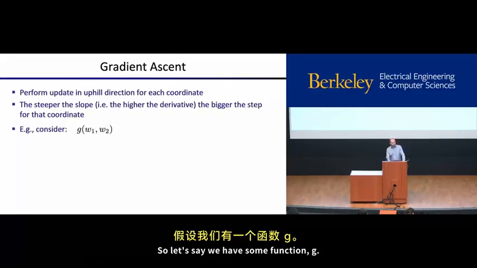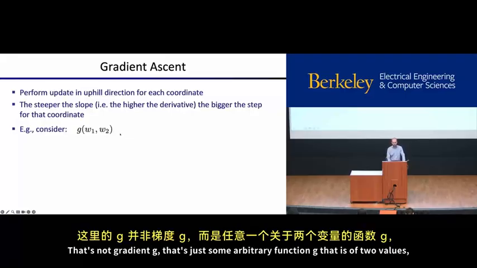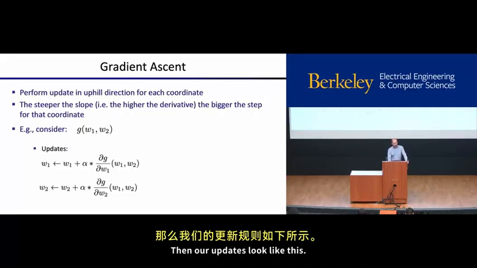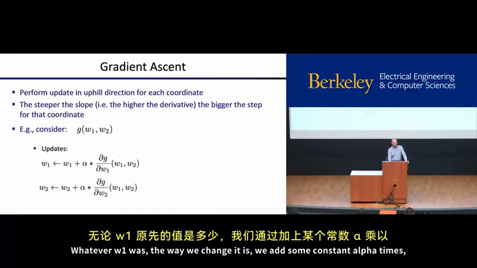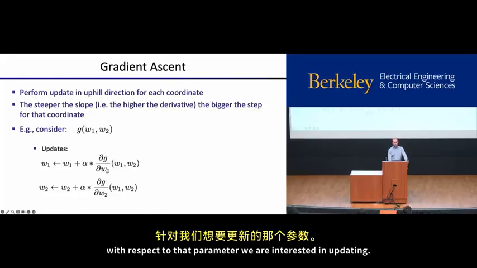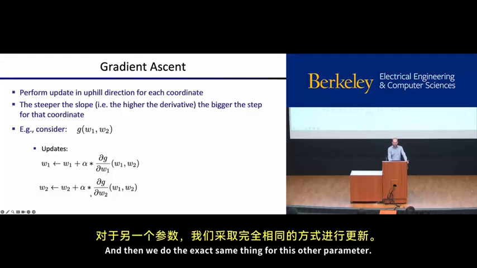So let's say we have some function g. That's not gradient g, that's just some arbitrary function g of 2 values. Let's say they're the 2 coordinates of the weight vector. Then our updates look like this. Whatever w1 was, the way we change it is we add some constant alpha times the partial derivative of our function with respect to that parameter we are interested in updating. And then we do the exact same thing for this other parameter.